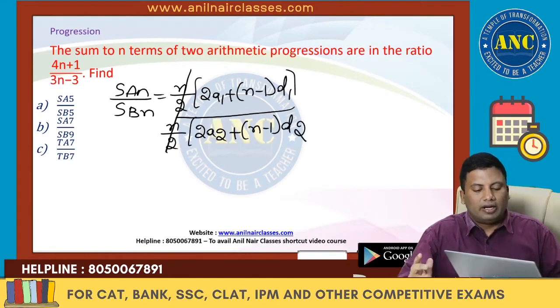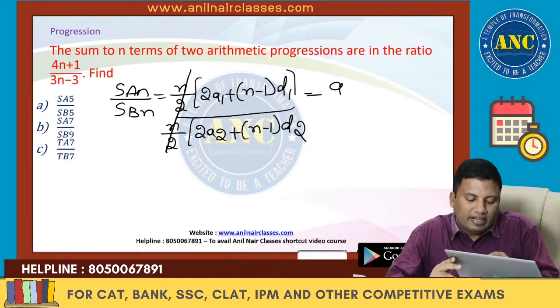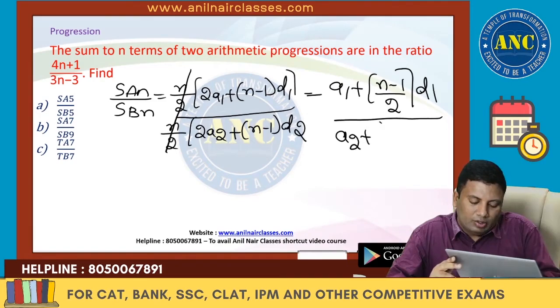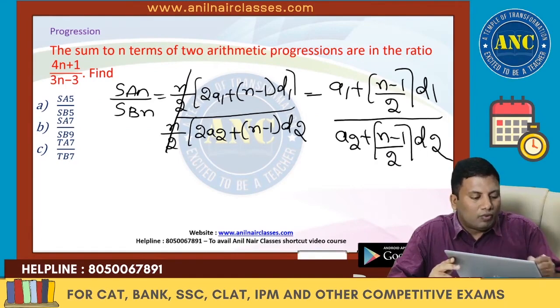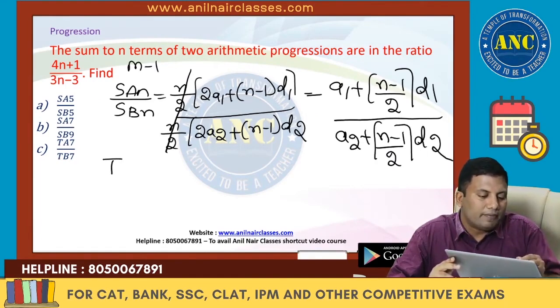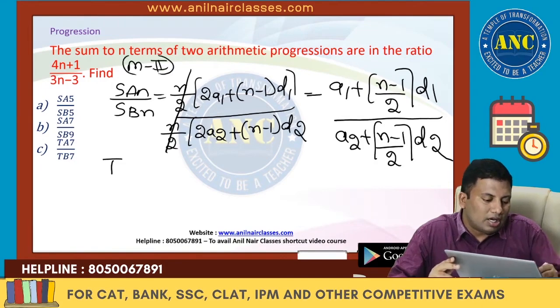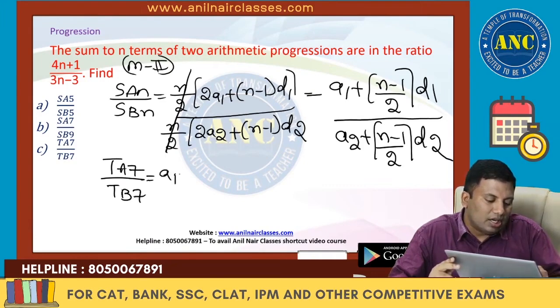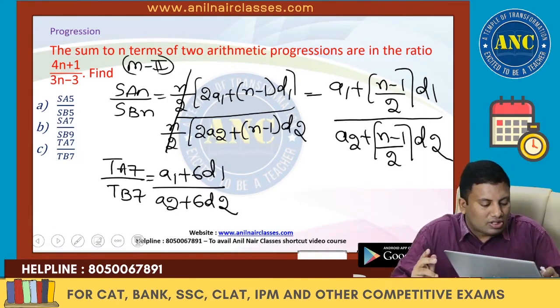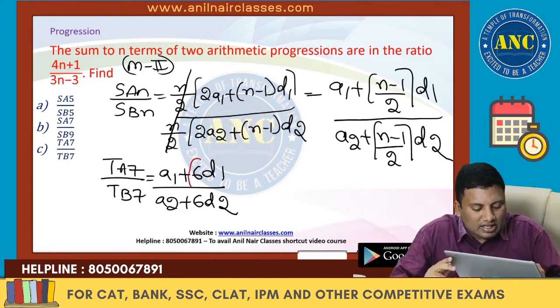N by 2 cancels. So, dividing by 2, we get A1 plus n minus 1 by 2 into D1, divided by A2 plus n minus 1 by 2 into D2. But what I want in this method 2 is TA7 by TB7, which is A1 plus 6D1 by A2 plus 6D2.